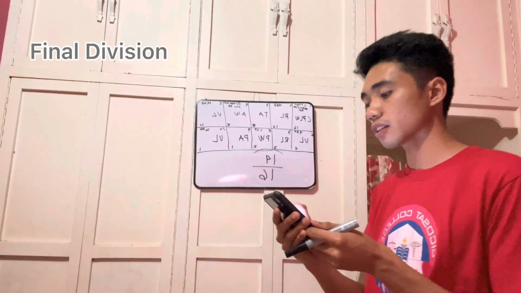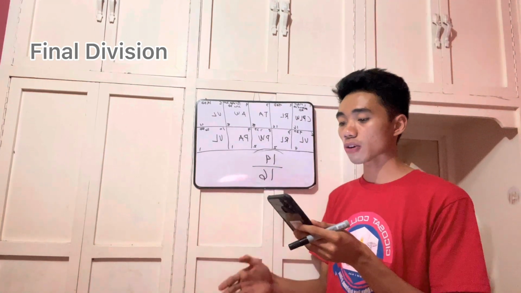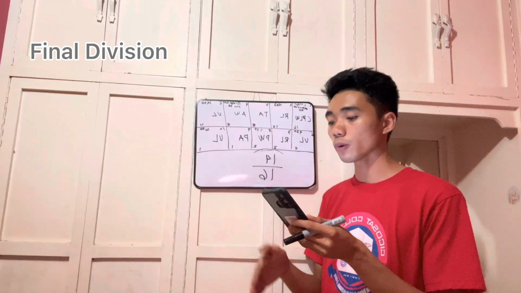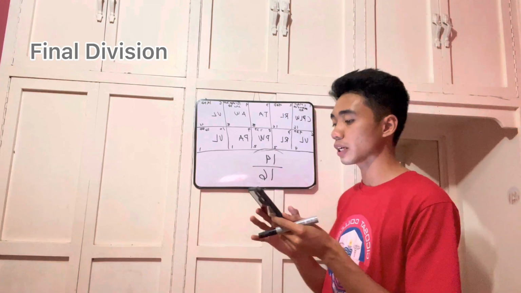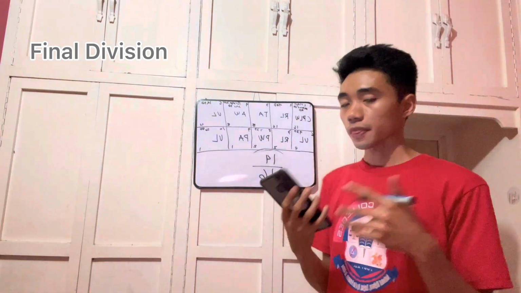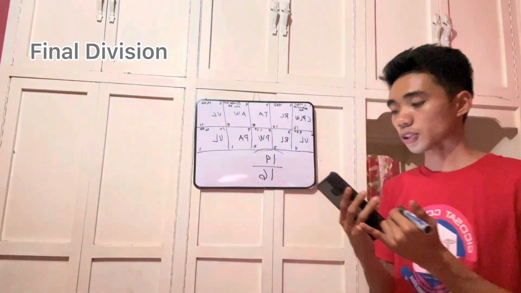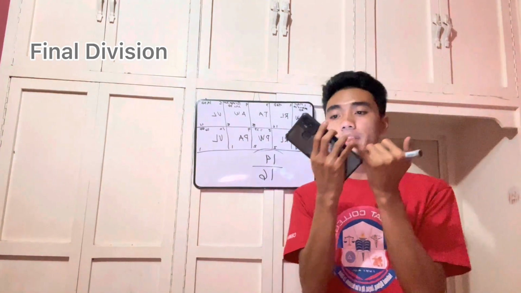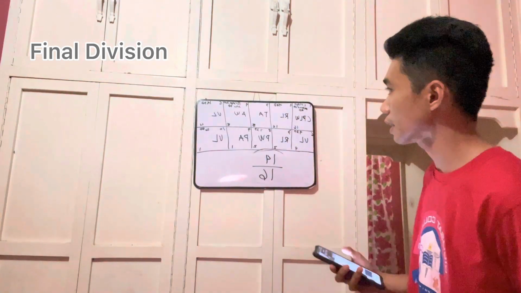So now we are going to get the final division. When we say final division, it is the ridge counting of loops and whorls from the 2 little fingers. Dito na tayo mag-focus sa little finger natin kung paano siya kukunin.